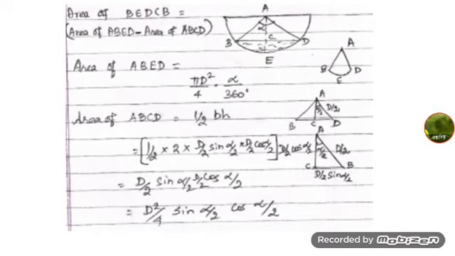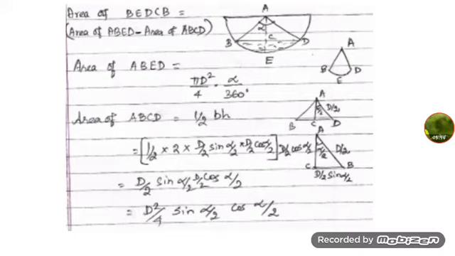Here B can be calculated by means of sine theta, that is opposite by hypotenuse. The CB value is equal to D by 2 sine alpha by 2. Here BD is equal to 2 times CD, so we take it as 2 times D by 2 sine alpha by 2, multiplied by the h value, which is D by 2 cos alpha by 2, as we determined earlier.